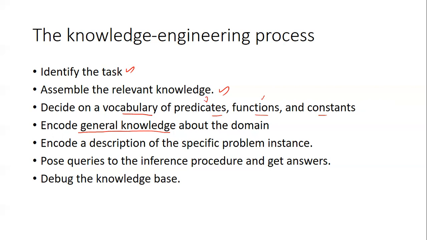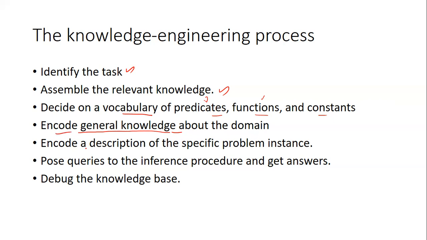That is general information, right? But a particular room, say 2,2, contains a pit. That is specific information. So step 4 talks about only general knowledge. Whatever the general knowledge is, that should be encoded into the knowledge base.